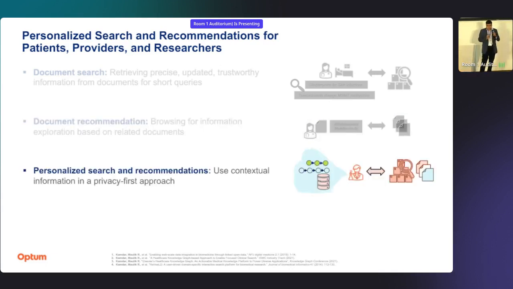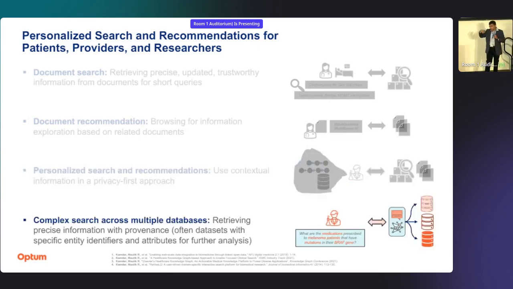And once you start solving those cases, you can start thinking about personalizing this search and recommendations. So can we start using other contextual information around the patient, around their search and browsing history, and use it in a privacy-first approach to generate personalized search and recommendations for the professionals?